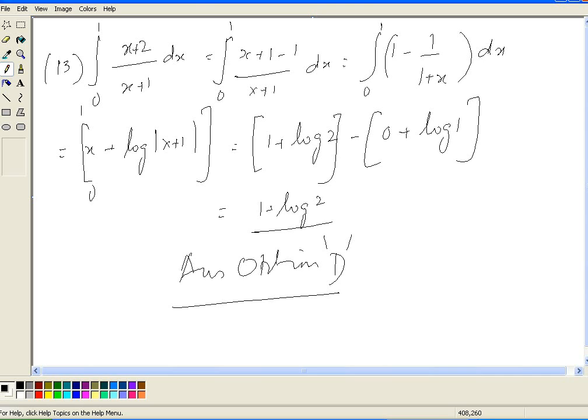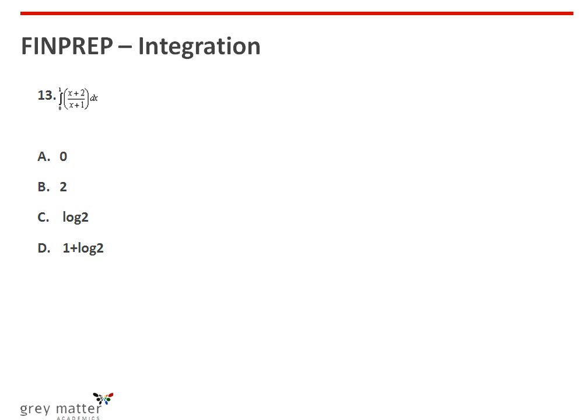Substitute the upper limit, value of x equal to 1, in that obtained expression, x plus log of x plus 1, that is 1 plus log of 1 plus 1, which is log of 2, minus 0 plus log 1, which is equal to 1 plus log 2. So the answer is option D. Going back to our PowerPoint presentation, it is option D. It says 1 plus log 2.